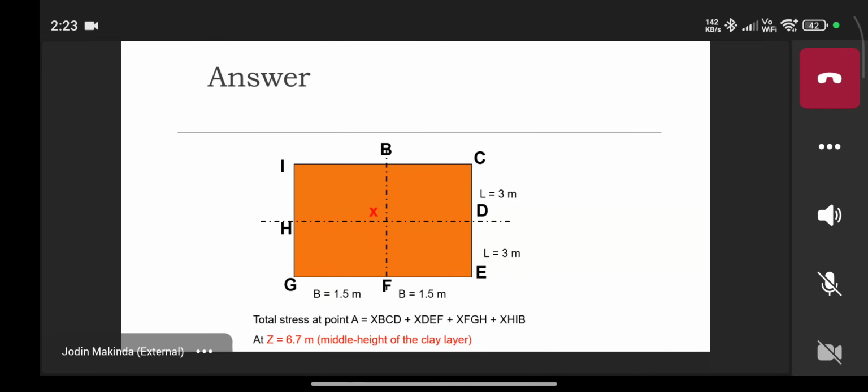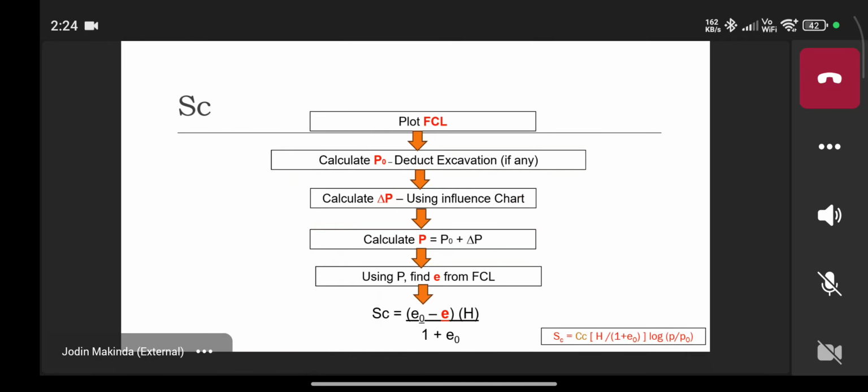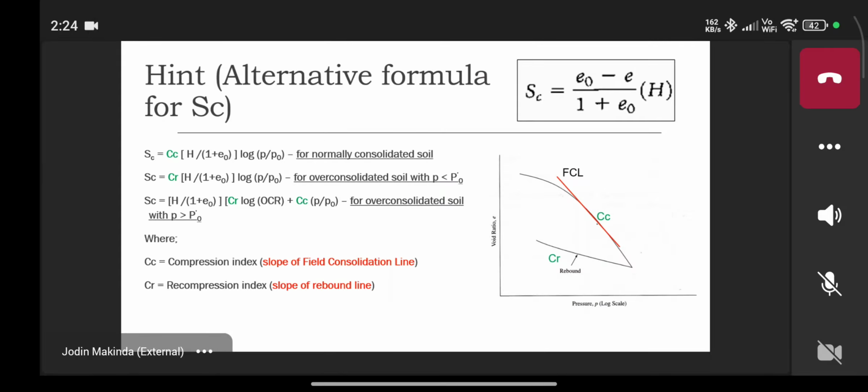Remember, whenever we are calculating the total stress using the influence chart, make sure the value of Z, which is the distance from the base of the foundation to the middle of the clay, is accurately calculated or measured. In this case, 6.7. So remember, what is Z?